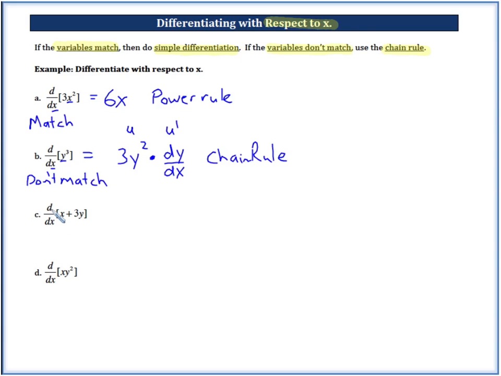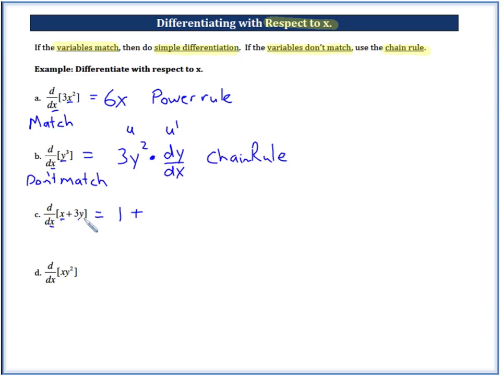We're looking for the derivative with respect to x of our function x plus 3y. Now here, we can just use the sum and difference rule, and we know that we're going to be finding the derivative of both of these. So here, in the first case, they match. So what's the derivative of x? Well, it's just 1. And then the derivative with respect to x of 3y, okay, we're going to have to use the chain rule.